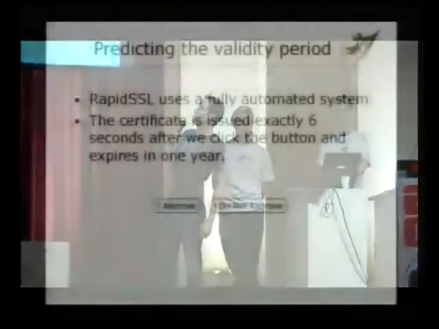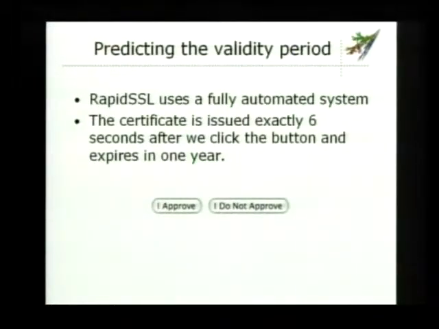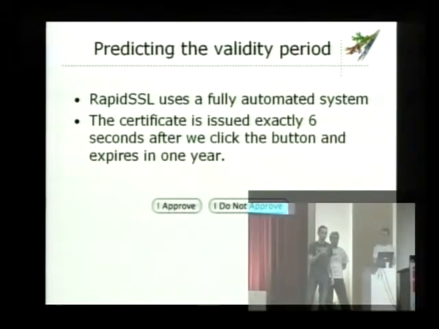We looked at most of those, and the one that we decided to investigate more closely was RapidSSL. First, because 97% of the MD5 certificates we found were issued by RapidSSL, so they seemed like a pretty big target. But also because RapidSSL turned out to have some pretty convenient properties of their system that were very useful to us to do this attack.